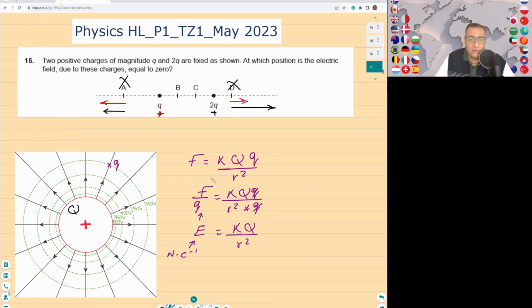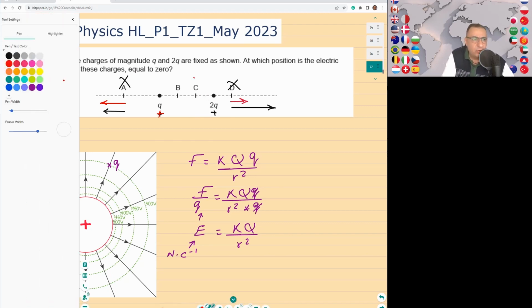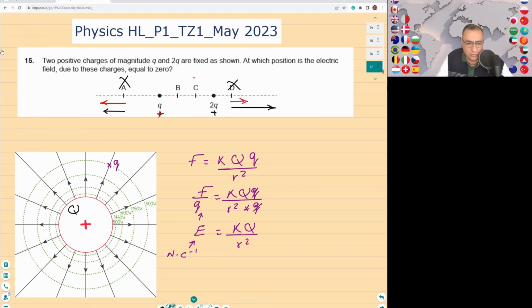If you look at point C, it is closer to 2Q, so it will have an electric field strength at this point going this way. Let me change to black for 2Q. It's going to go this way.